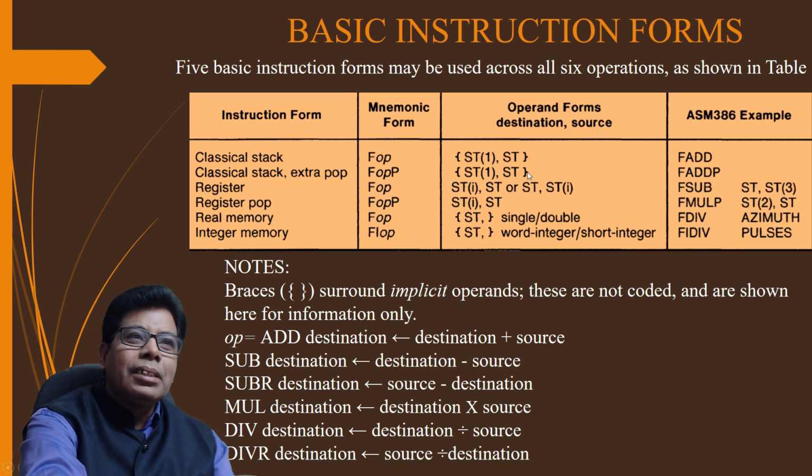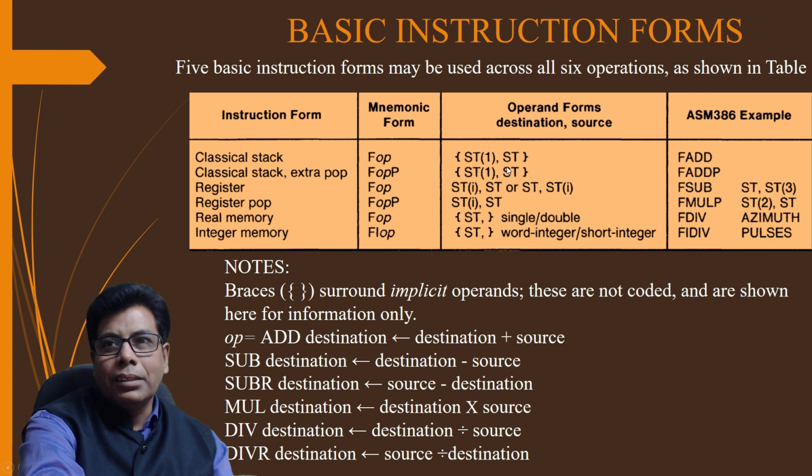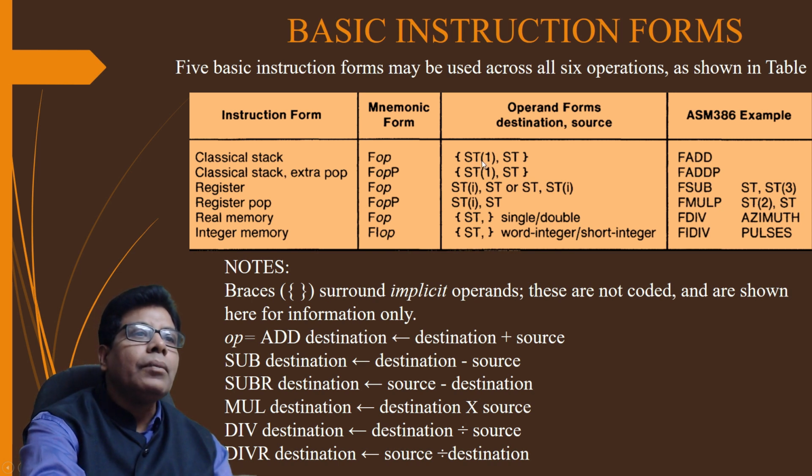It will pick up the source operand from the stack top, and the destination operand will be one of the registers. By default, the operands will be the stack top and the next element on the stack, that will be another operand.